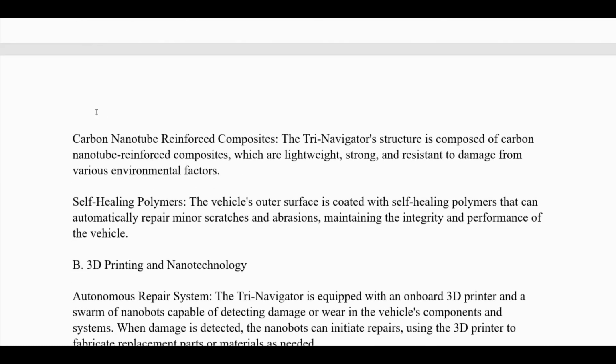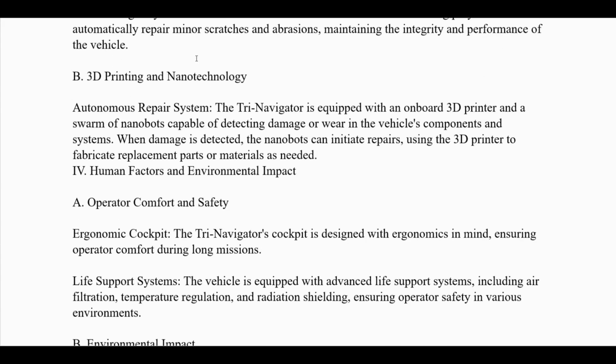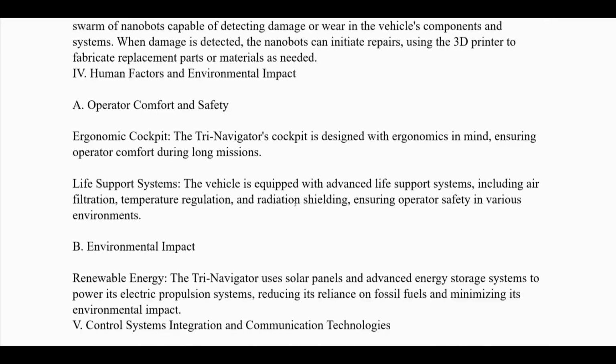Advanced materials are also used in this construction: carbon nanotube reinforced composite, self-healing polymers, and also a swarm of nanobots that are able to detect damage and repair all throughout, which is probably more than one, but strategically placed 3D printers, and we talked about that.